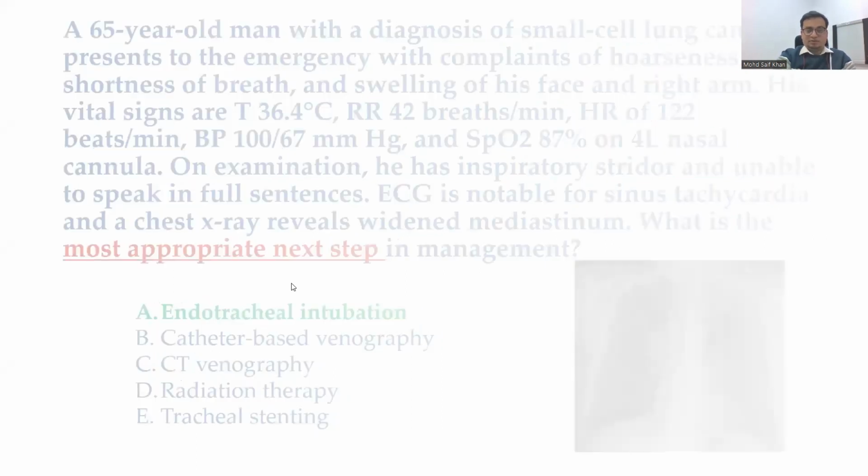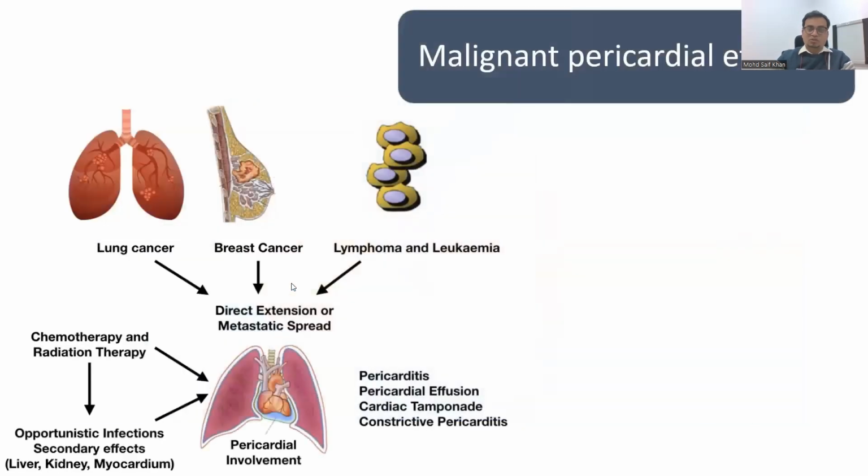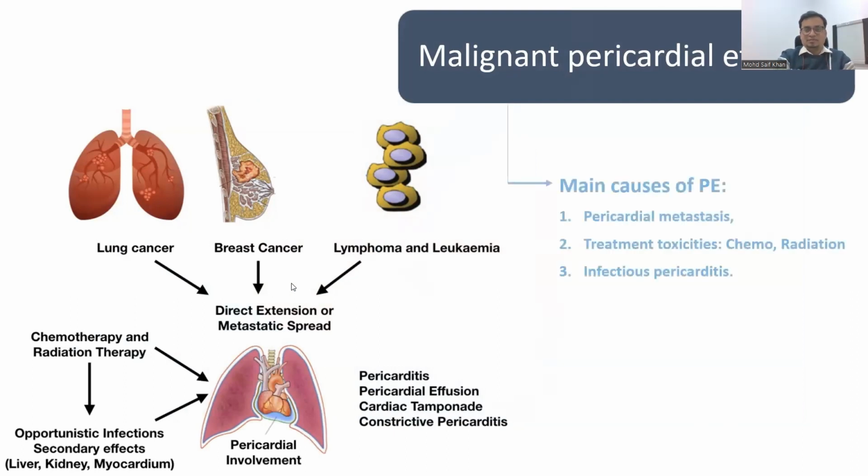Fine. So now we will move on to the next important disease related compressive or mechanical complication, and that is malignant pericardial effusion, which is a frequent complication of lung cancer, breast cancer, lymphoma, and leukemia. The main causes of malignant pericardial effusion are pericardial metastasis and the side effects.